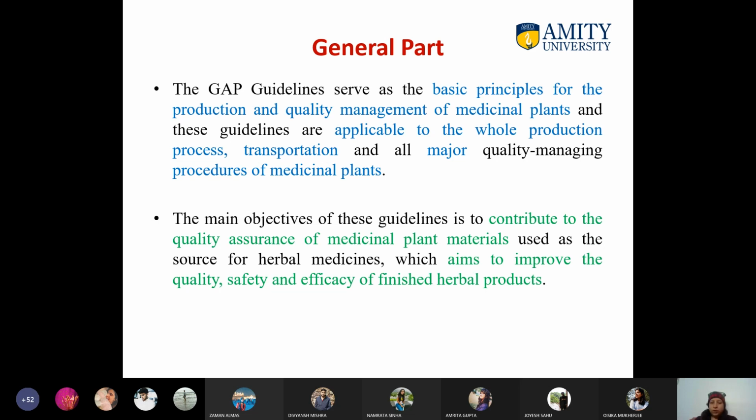Okay, so all of these factors we would be studying one by one, along with कहाँ से हमें सीड्स लेने चाहिए, सीड्स कैसे होने चाहिए, what are the processing conditions, post harvest conditions, and transportation की आपका फील्ड से प्रोसेसिंग प्लांट में क्या ट्रांसपोर्टेशन कंडीशंस, आइडियल कंडीशंस क्या होनी चाहिए. So all these factors we would be studying under these guidelines.